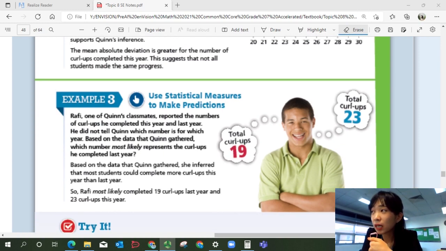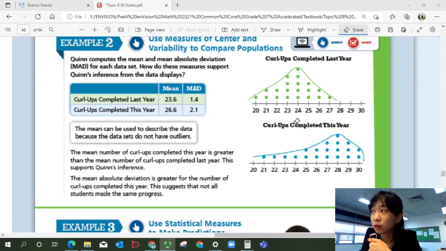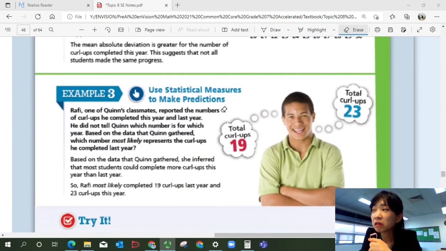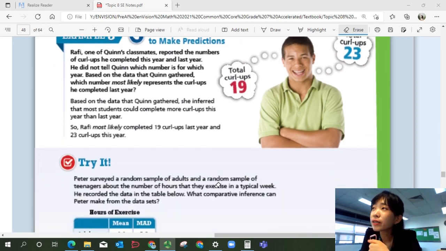So if Rafi said one is 19 and another is 23, and he doesn't tell us which year those numbers were for, then using the data and the patterns we see, we can say the smaller number would probably be from last year. The bigger number would probably be for this year, right? Let's look at try it.